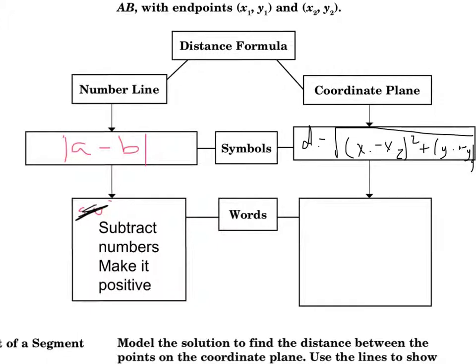I'm running out of room. There's an easier way to remember that, and let me show you that. It is D equals radical delta x squared plus delta y squared.